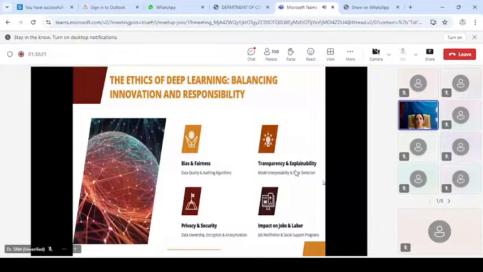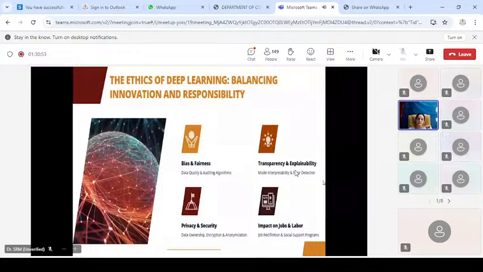So we have to approach deep learning with an ethical mindset, involving a thorough examination of its impact on our society and a willingness to address complex trade-offs between innovation and responsibility. So what are the key ethical considerations that professionals in this field should prioritize? Let us see one by one.